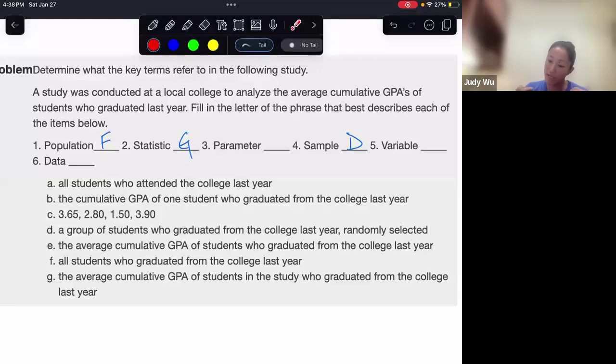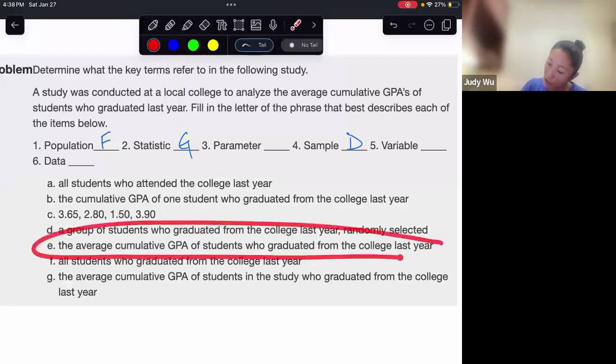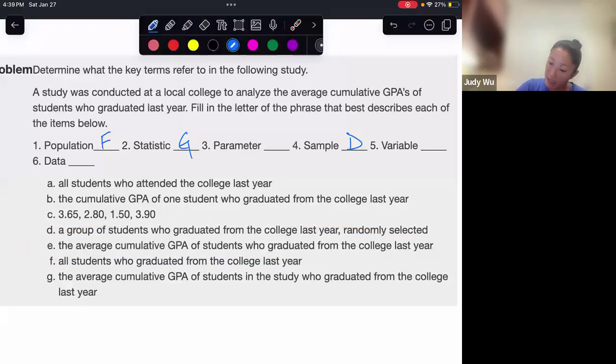In other words, what is it that we are actually looking to know about this population? In this case, we want to know the average cumulative GPA of students who graduated from college last year. So we're looking for that average GPA, but of all of the folks, not just the people in the study.